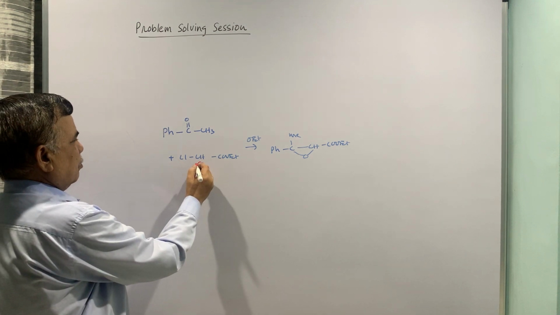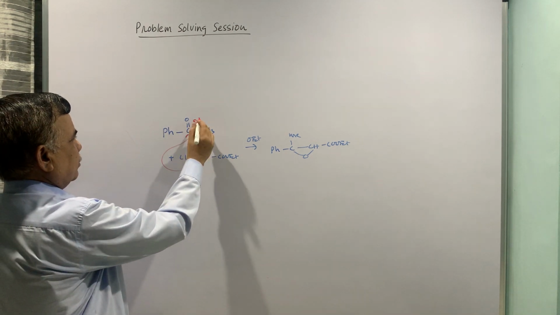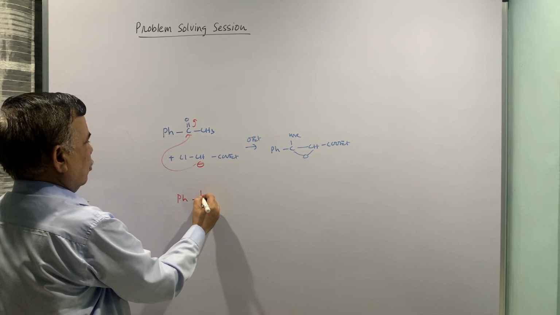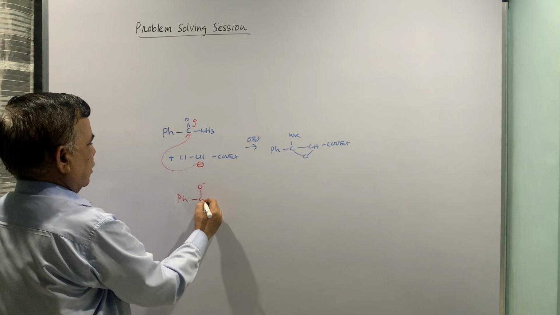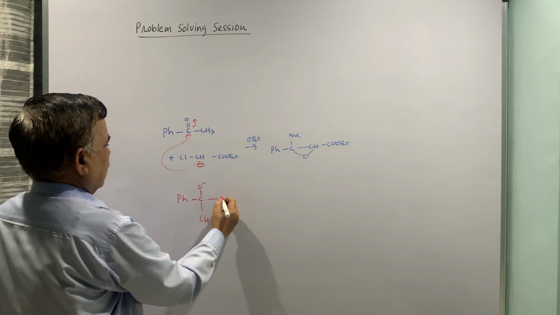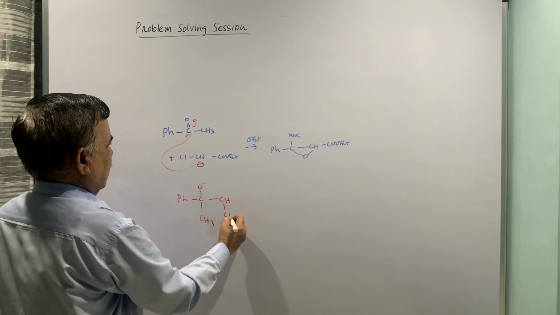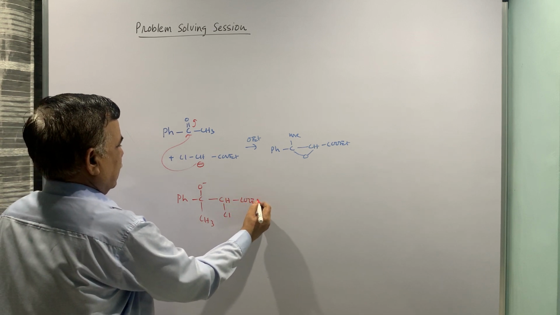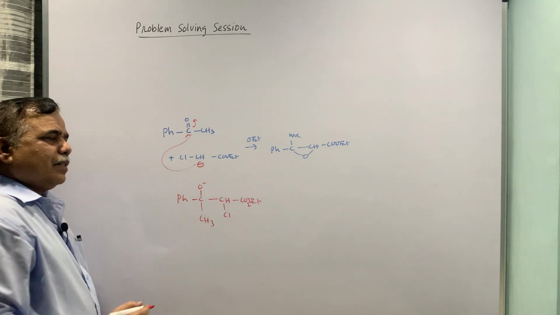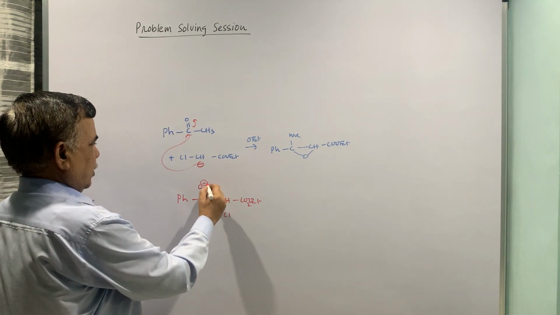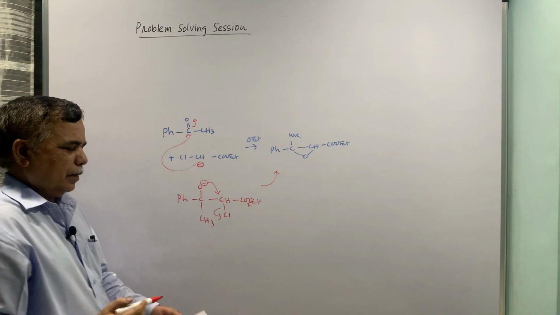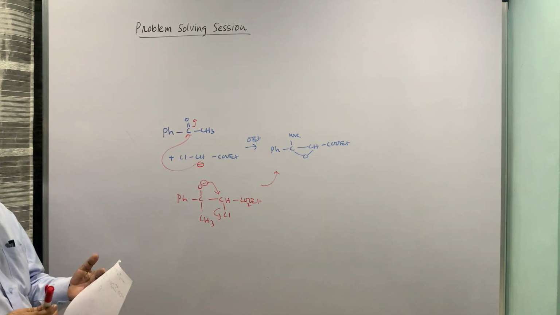So this attacks here. So it will be PhCO minus, then CH3, I am drawing it on this side, CHCl COOEt. I am just drawing it for the sake of convenience. Now this O minus can attack, and that is how you get the product. Okay.